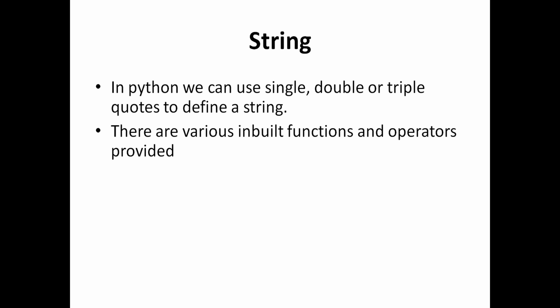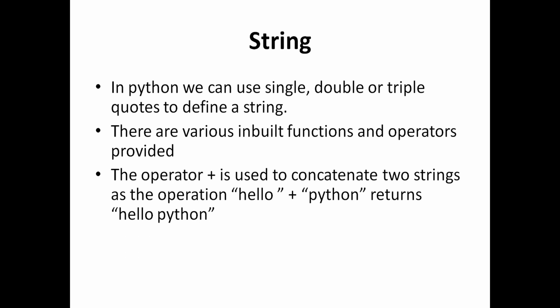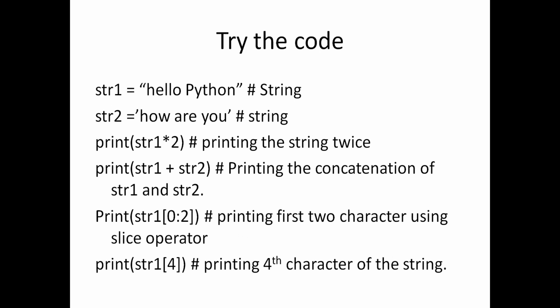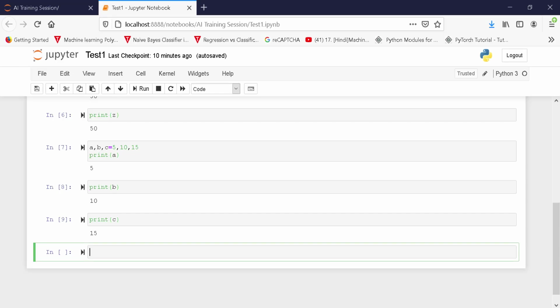There are various inbuilt functions and operators provided. The operator plus, we have discussed this, and star. Now let's look into the code. Try this code so that you can understand in depth. Now we'll take one string, str1 is equal to hello Python.